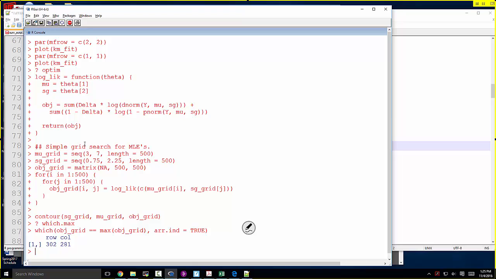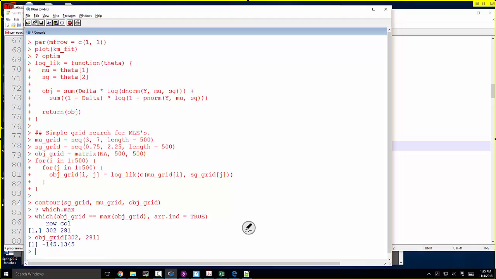So I should be able to go to objective grid, row 302, column 281, and that's our maximum, that's our maximized likelihood.